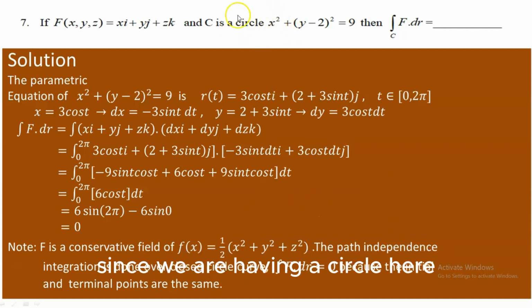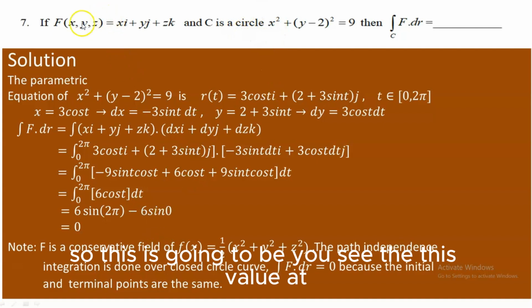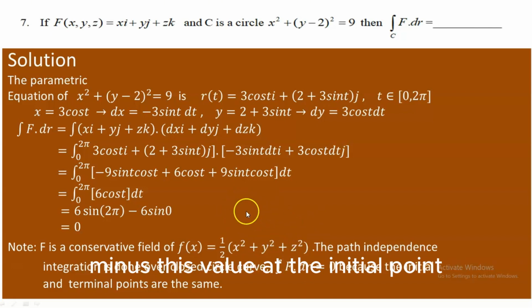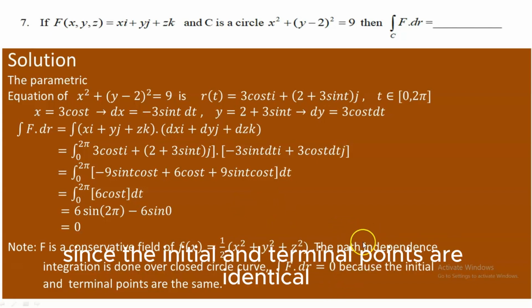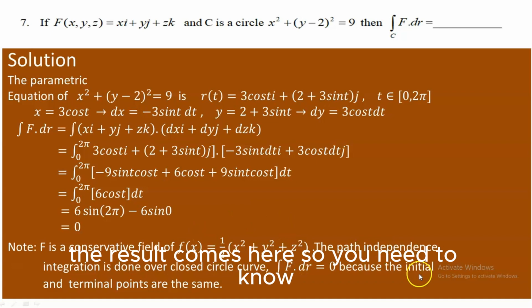Since we are having a circle here, you see the initial point and the terminal point coincide. So this is going to be this value at the end point minus this value at the initial point. Since the initial and the terminal points are identical, and since we are also having the same function, the result comes 0.